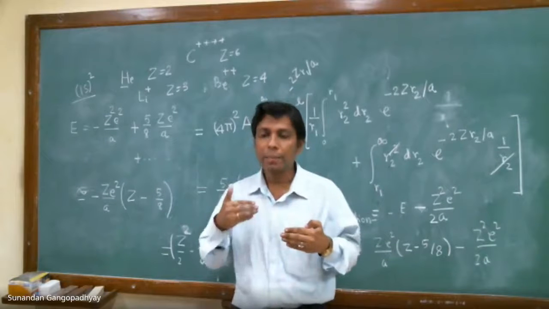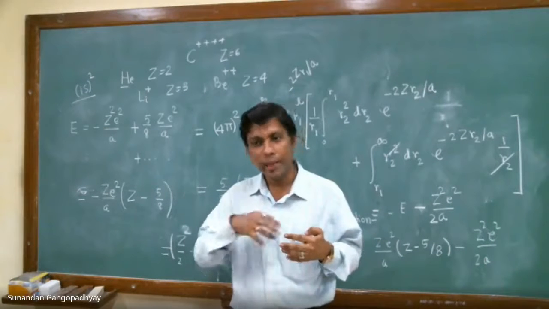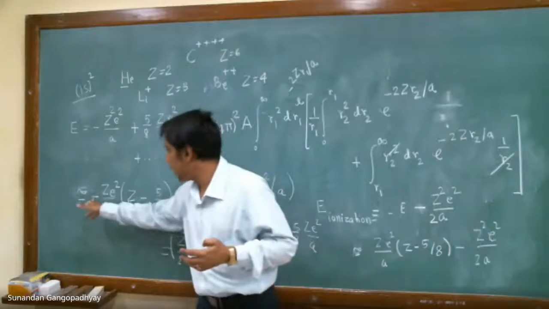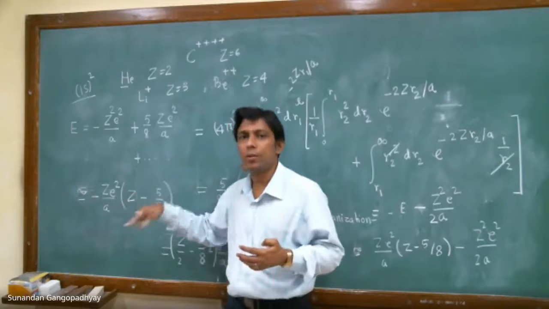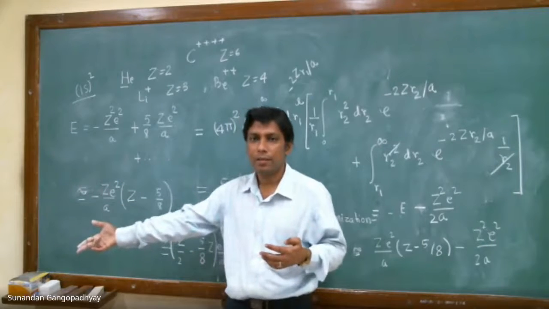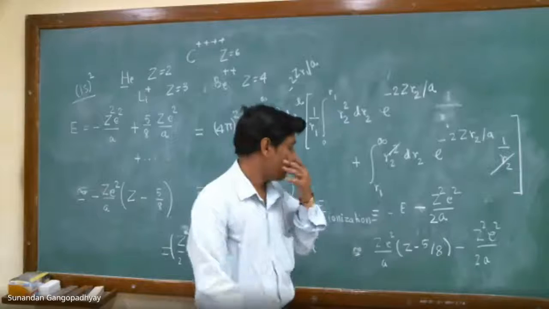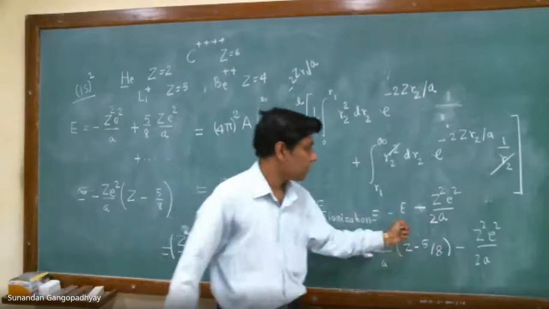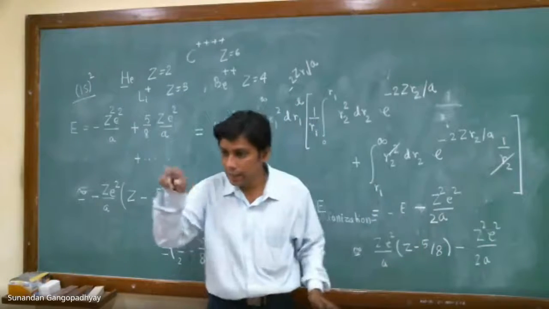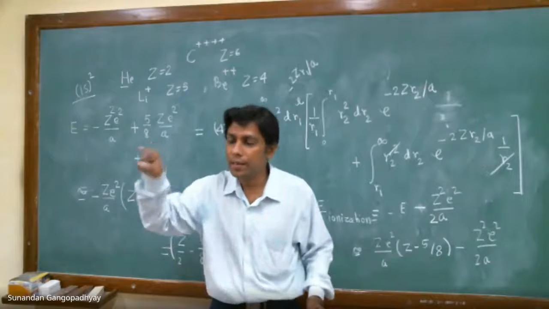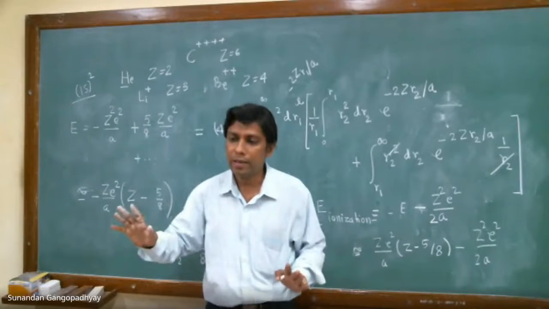So if you supply plus z square e square by 2a, then it will be pulled off. Okay, I understood. So it is basically E plus z square e square by 2a. That is the ionization energy.